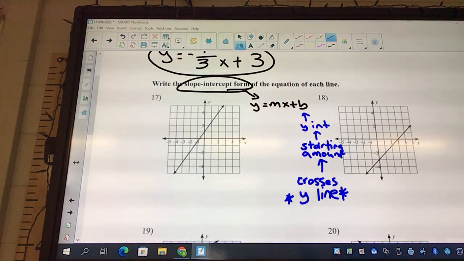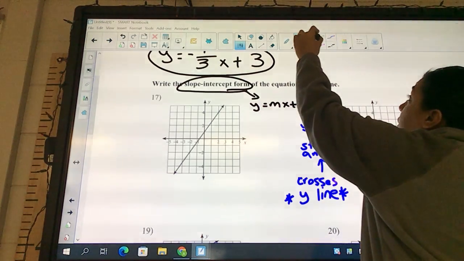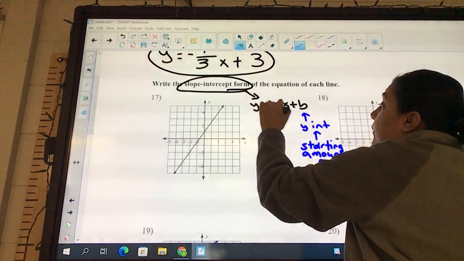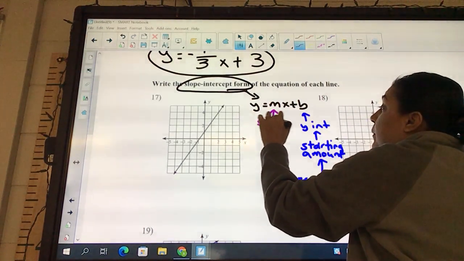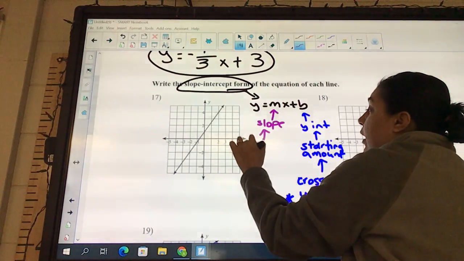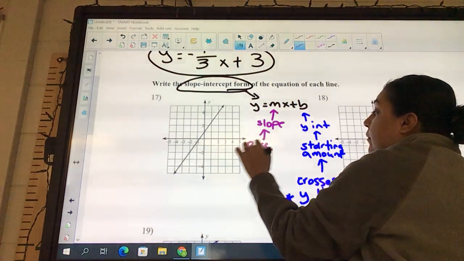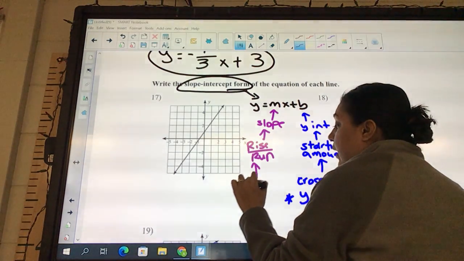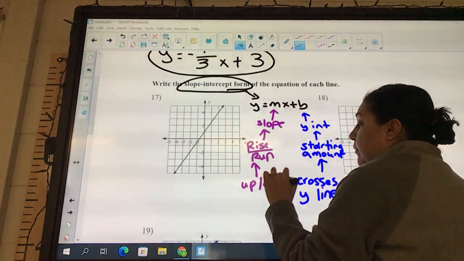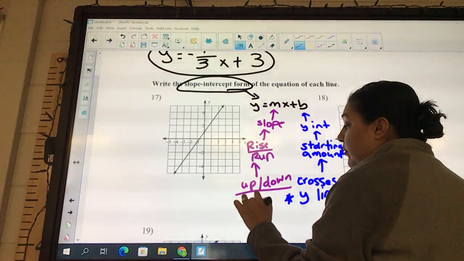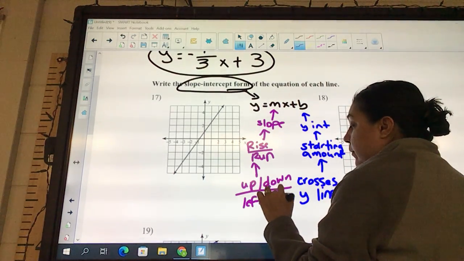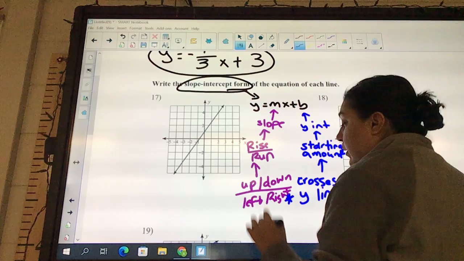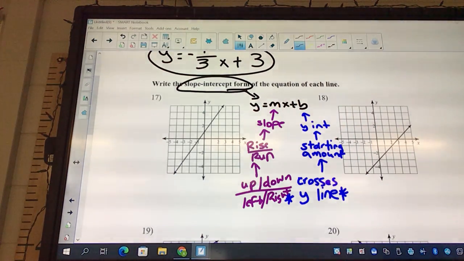And our slope, we did that yesterday. This is our slope, and it's rise over run. That is really our up-down over our left-right.